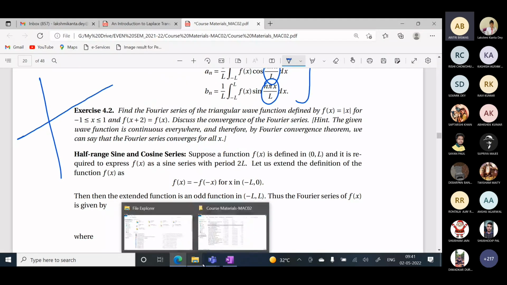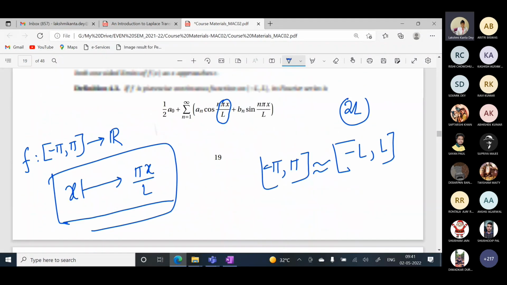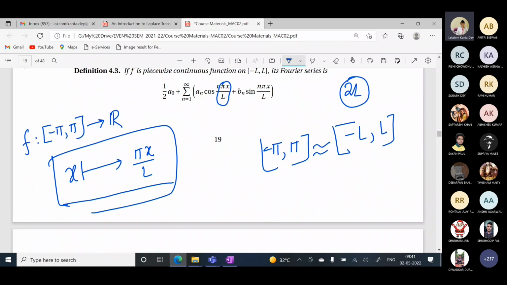So what is homeomorphic? Homeomorphic means, yes, bicontinuous bijection. If two intervals or two spaces are homeomorphic, then their topological properties are exactly the same. In general, suppose X and Y are two spaces.